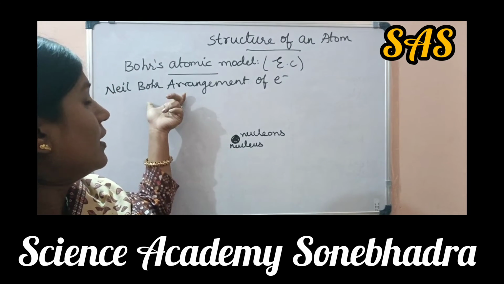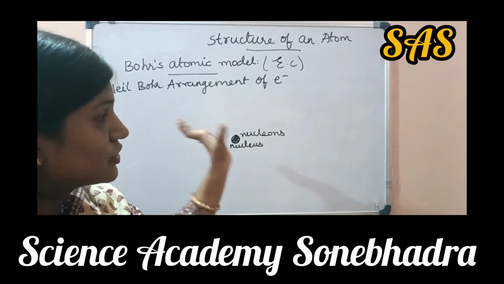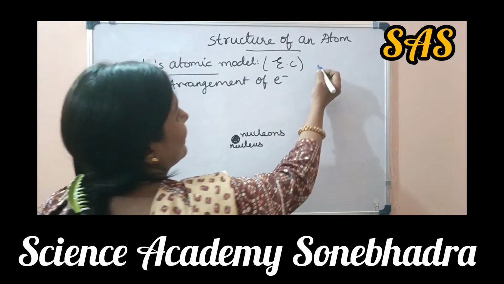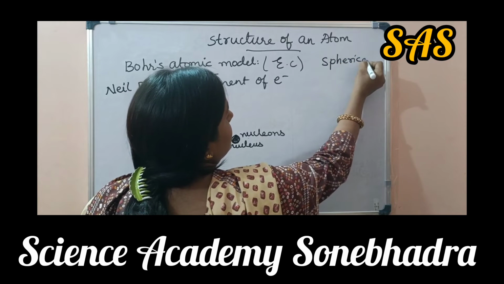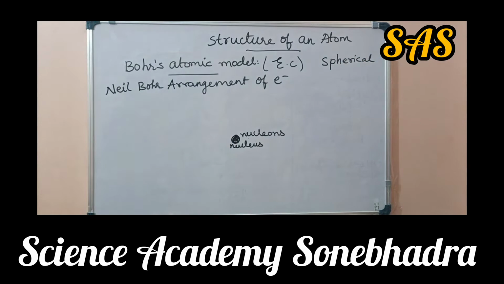And according to him, the structure of an atom is spherical. That means the atom is spherical in shape, and in the center the nucleus is present in which protons and neutrons are present. Then what about electrons?